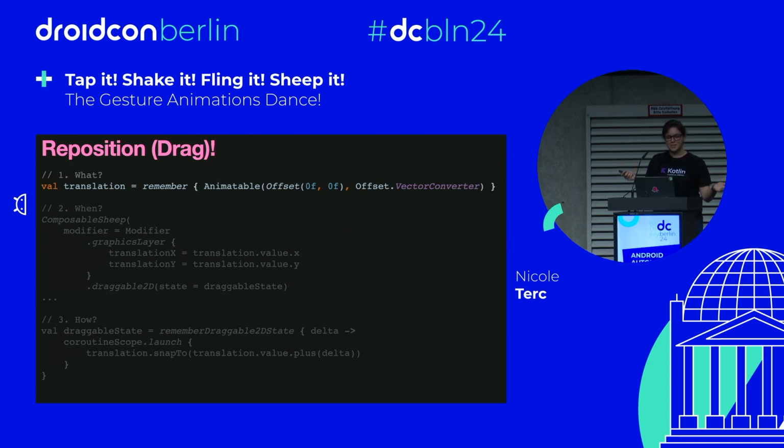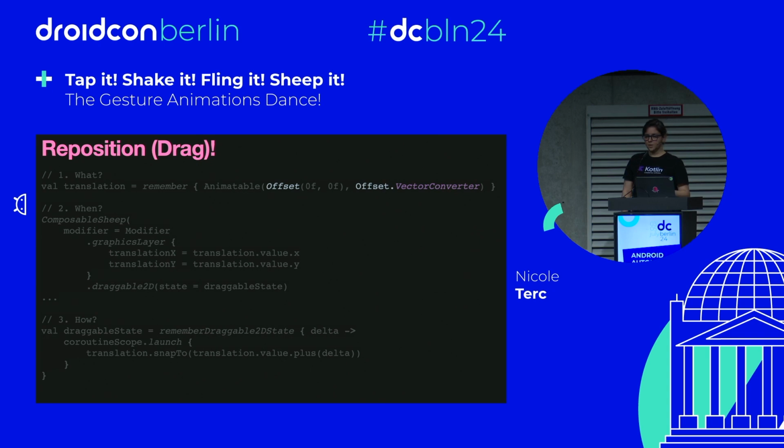So the property we need to define here is translation, which is going to be the change from your original position to the new position. In this case, I'm again defining it as an animatable, and as you can see here, instead of creating an animatable straightforward, I'm actually creating an offset with an extra parameter. And that is because animatable doesn't have an out-of-the-box offset constructor.